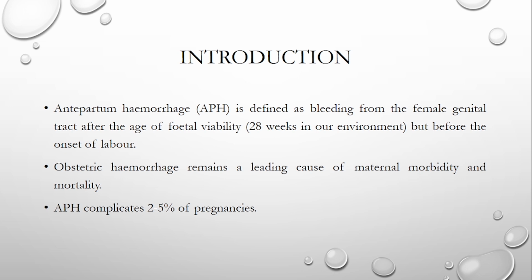Antepartum hemorrhage is defined as bleeding from the female genital tract after the age of fetal viability, which is about 28 weeks in our environment, but before the onset of labor.